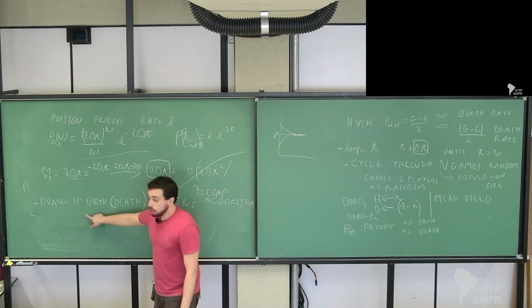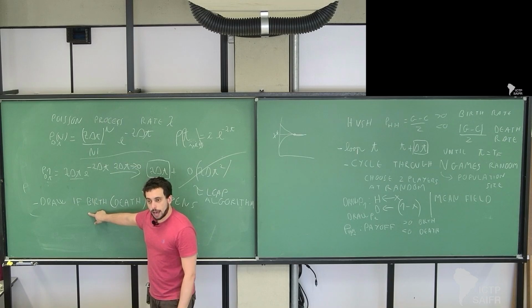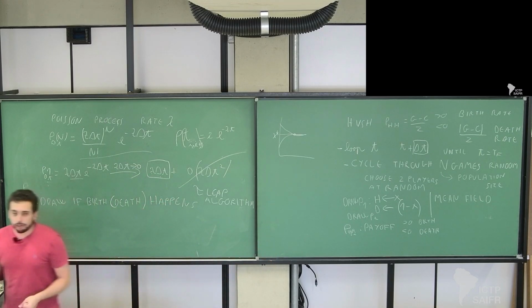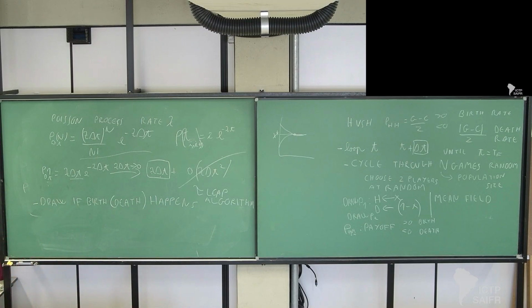And based on whether you drew a birth or a death, you will update the state of the system. So if you have many events during the same delta t, this is incorrect because you're not updating the state of the system before drawing all of these events. And so this makes a mistake in the numerical integration, which is why you need to pick a delta t that is small enough.